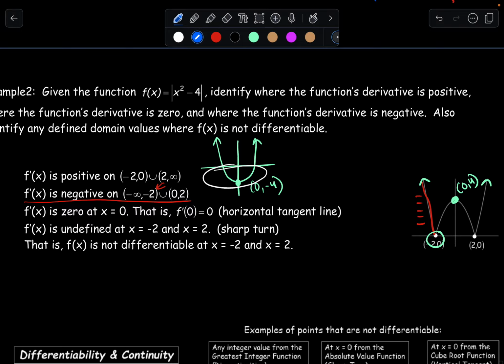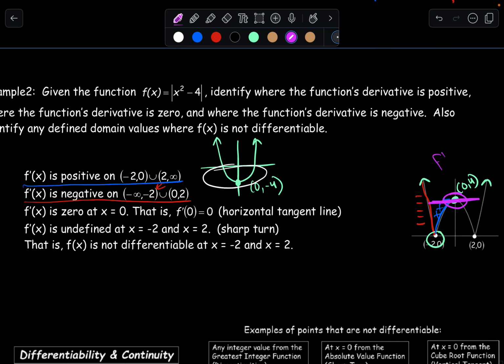And then after that, from negative 2 to 0, the function is increasing, therefore the slope is positive, okay? So it's positive from negative 2 to 0. And then at 0, 4, we have a smooth curve, and the slope of the tangent line at that point is going to be 0.